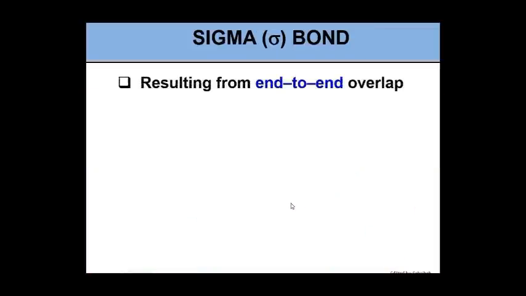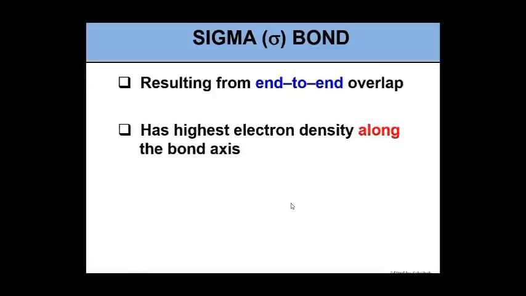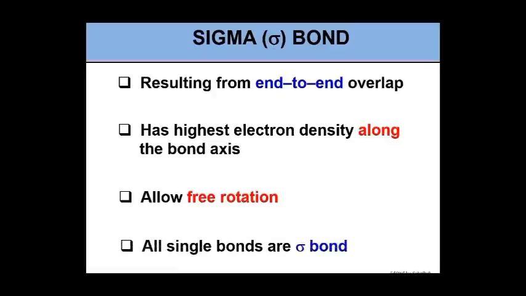End-to-end overlap produces a sigma bond. A sigma bond has the highest electron density along the bond axis. A sigma bond also allows free rotation. All single bonds are sigma bonds.